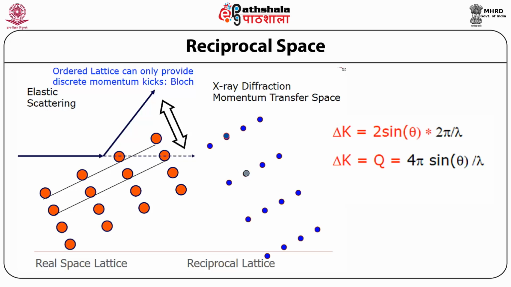So this illustrates that in real space, if the atoms are close by, in reciprocal space they will be far, and if you have far lattice points in real space, in reciprocal space they will be at a smaller distance. So that is how you can correlate between real space lattice and reciprocal space lattice.